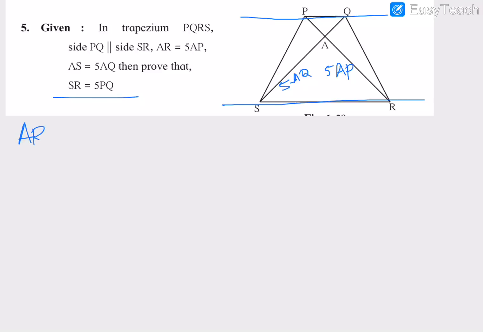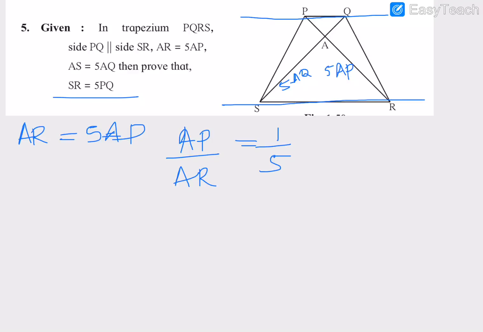So we can write the given condition. AR is equal to 5AP. That means we can take AP to this side, or we can take AR to this side, that is, AP by AR is equal to 1 by 5.